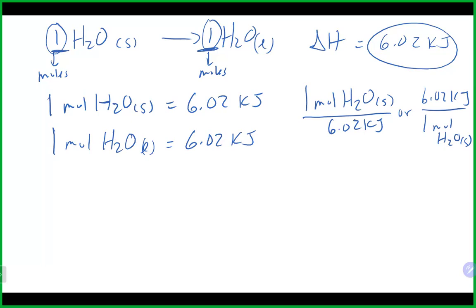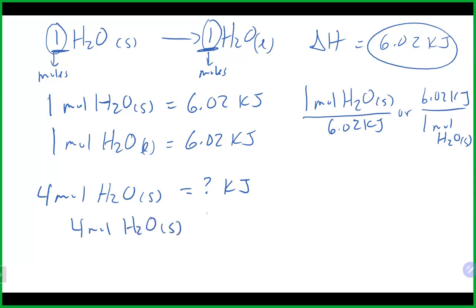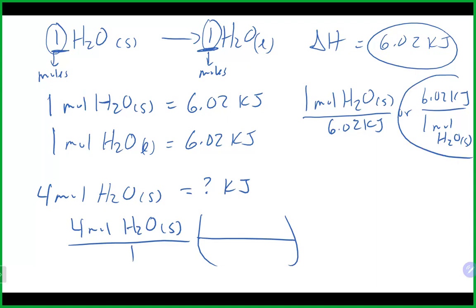So for example, if I had 4 moles of ice, and I want to know how much energy I would get, I could use this as a conversion factor, and go 4 moles of ice. Just like dimensional analysis, opposites cancel. Moles of ice is on the top, which means we need moles of ice on the bottom, which would be this conversion factor here, 6.02 kilojoules per 1 mole of ice.